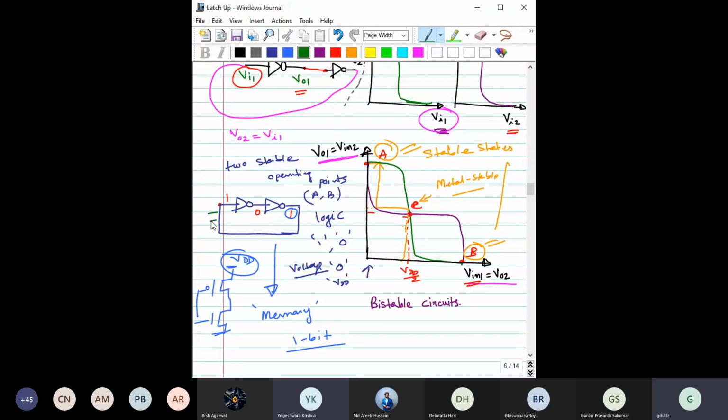Now you have to apply a 0. So basically you are forcing this to go to 0, and that is true for a certain duration. For a certain duration you have to apply that pulse, because this has to propagate here, then propagate to the next one, and only then will it remember.